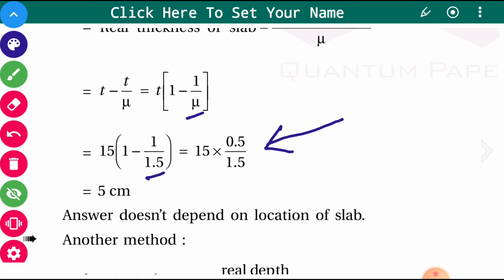Simplify and you will get the answer, that is 5 centimeter. So the shifting will be 5 centimeter, and this answer does not depend on the location of the slab. Wherever you keep the slab, this shifting will be the same, 5 centimeter.